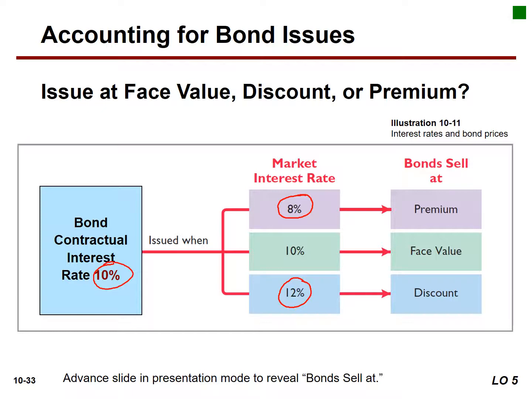Otherwise, they're not going to buy my bond. They're going to go buy a bond that's paying 12%. So this is the scenario which creates whether bonds are issued at a premium, face value, or a discount: what has happened to market interest rates and how those compare to the bond's contractual interest rates.